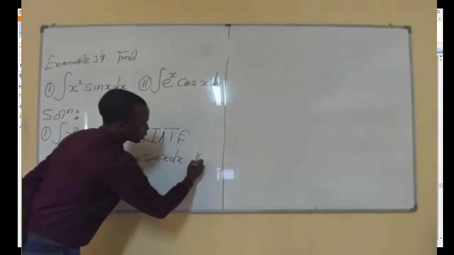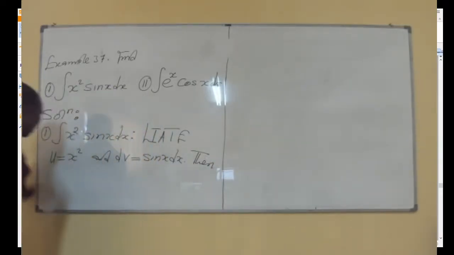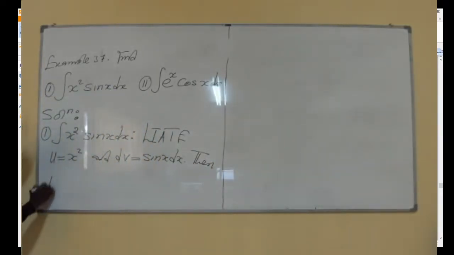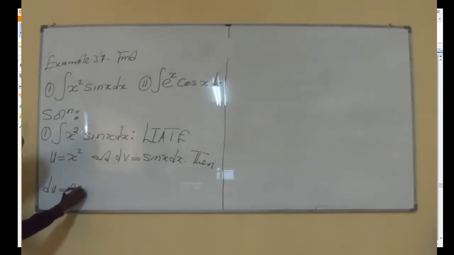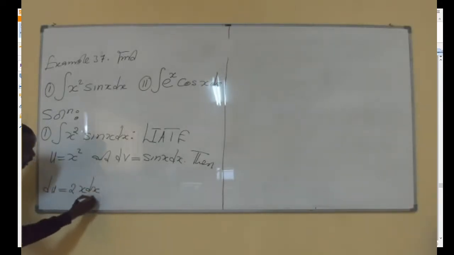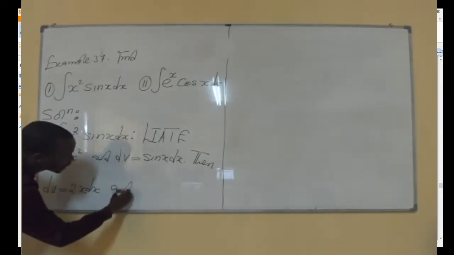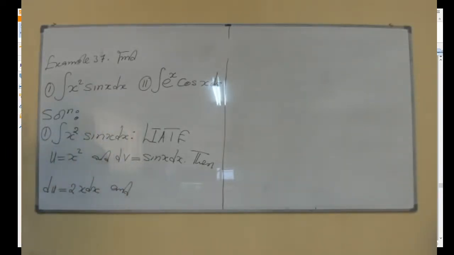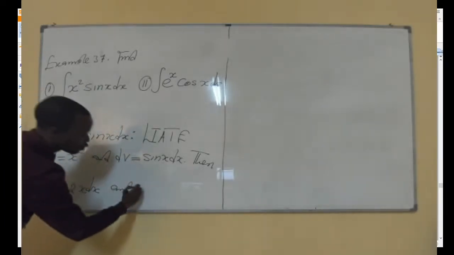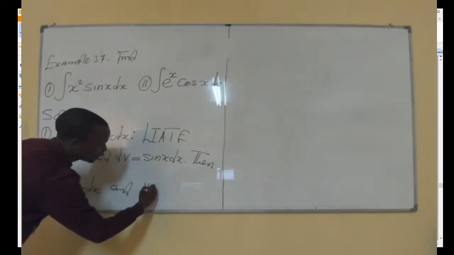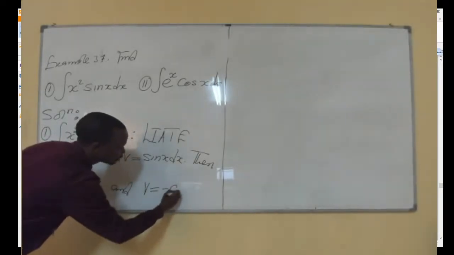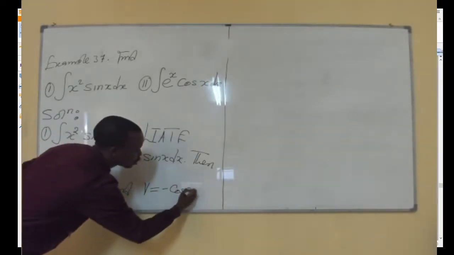Then when we differentiate, du will be equal to 2x dx, and if we integrate dv, which is equal to sine x dx, we are going to get v equal to the negative cosine of x.